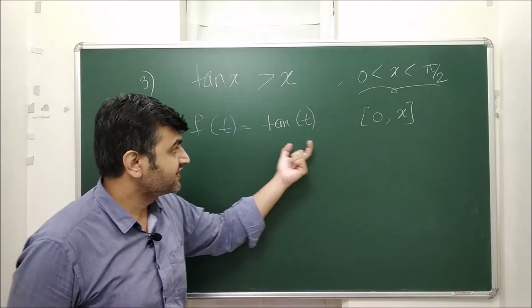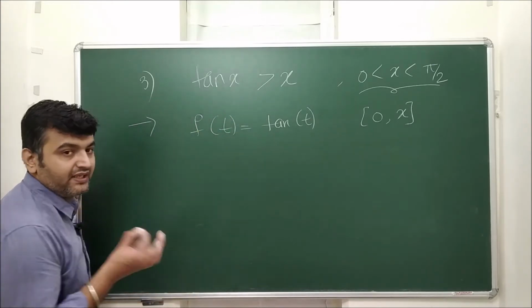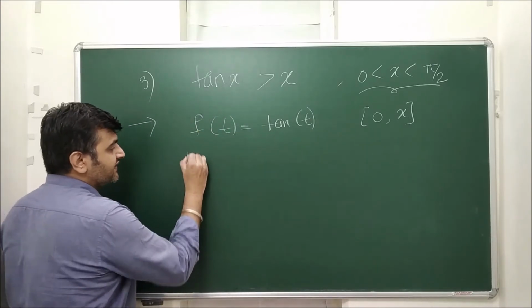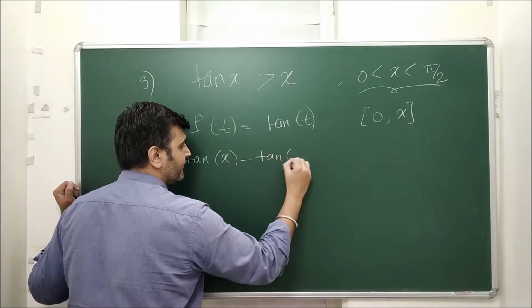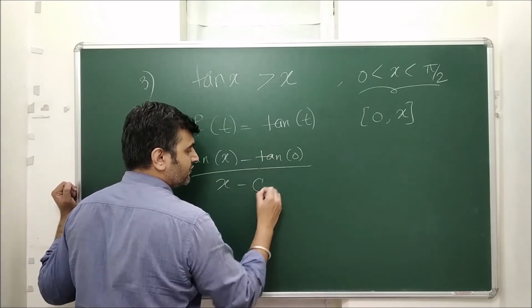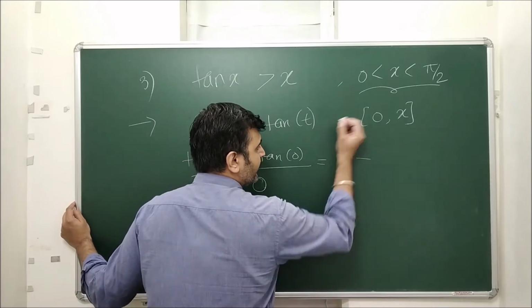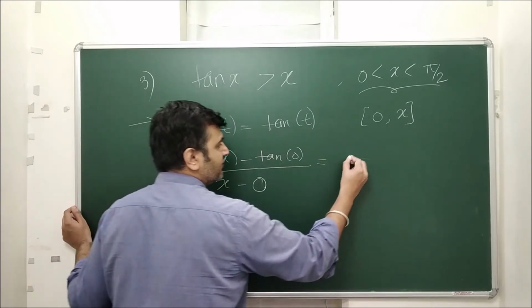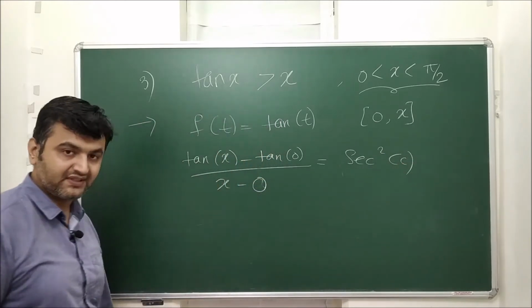Okay. So now the function is continuous over this interval. Good. So now I can apply LMVT. Not an issue. So what does LMVT say? It is f of b minus f of a upon b minus a is equal to f dash of c. It means it is 1 upon, the derivative of tan is nothing but sec square of c, where c is between 0 and x.